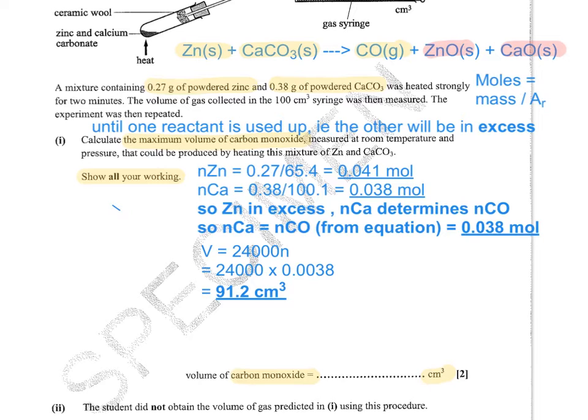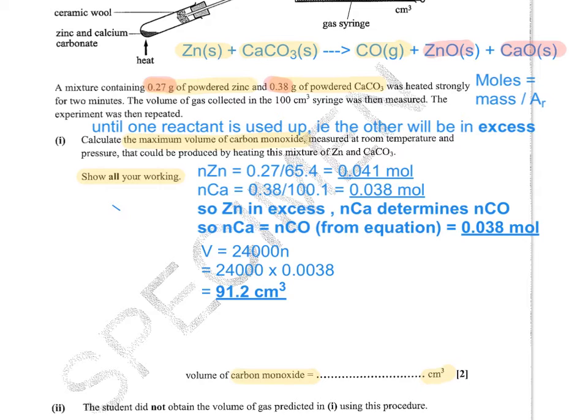That's the calculator value. However, if we look closely at the values we're given up here, 0.27, 0.38, they're two significant figures. So always in these types of calculations, take a hint from the number of significant figures that the question is giving you.